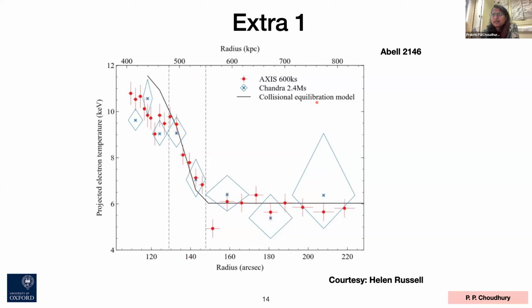The exposure, for example, this is one number for the first kind of strong shock that I mentioned, and this is with Chandra, which is much bigger, but AXIS can do much better with this.